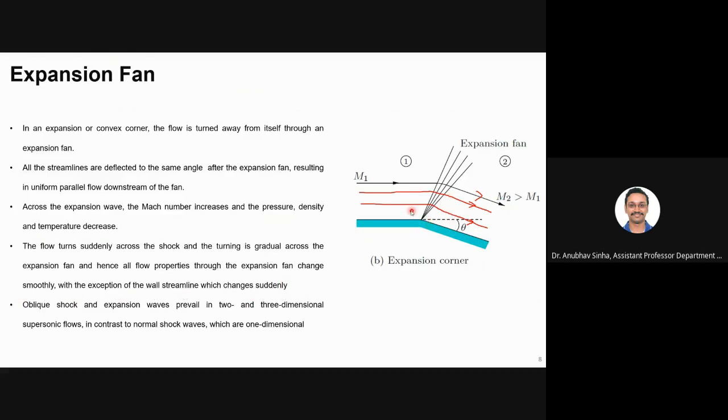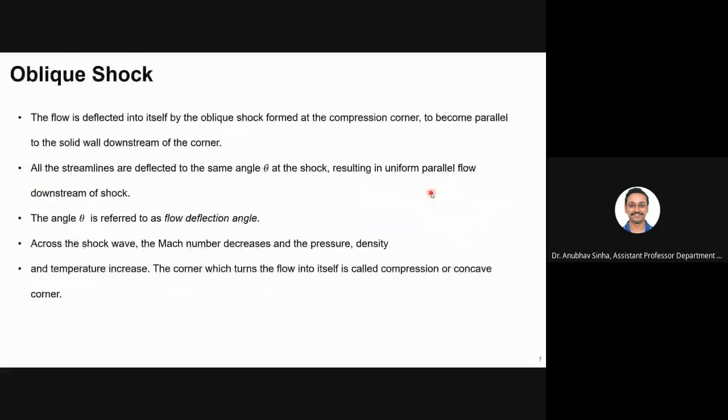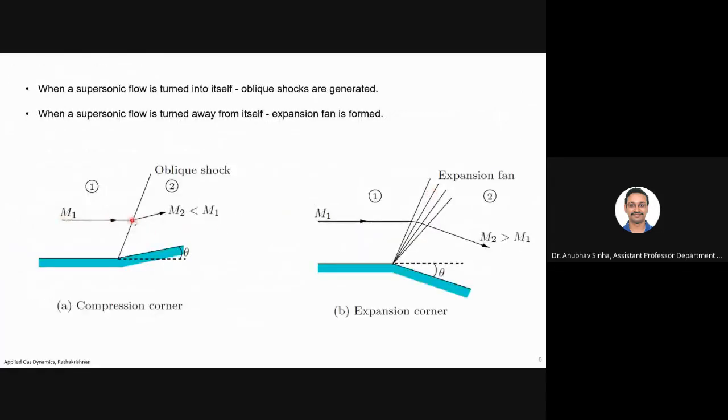Okay. So you see that in a shock, let me go to the shock, you see the streamline will turn suddenly. You can see that here it is like a corner, whereas in the fan it will smoothly move from here to here. That is one major difference between a fan and a shock.